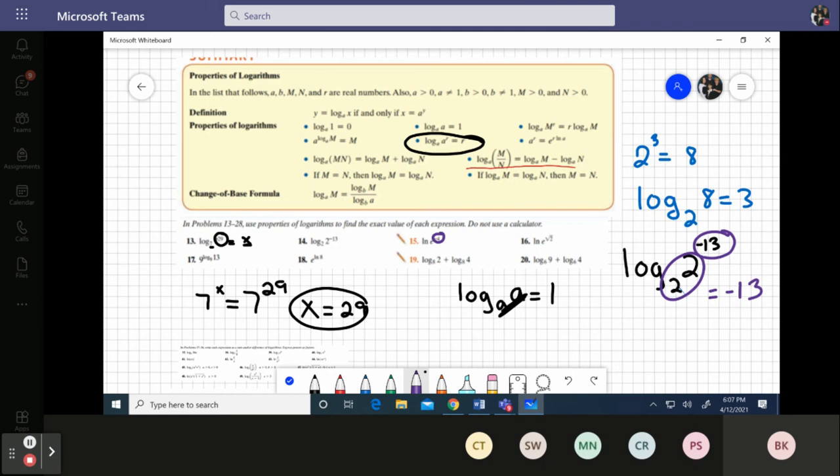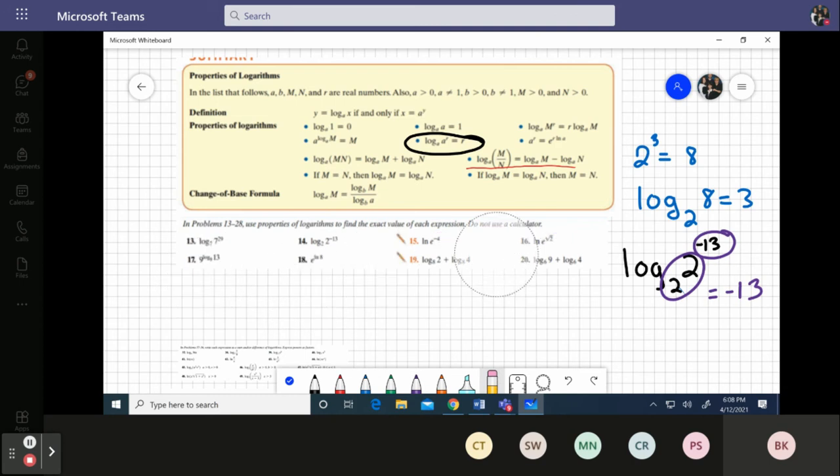15, the whole solution is negative 4. 16, the whole solution is the square root of 2. When you have these that are the same, and I guess I should have written that out. On 15, I have ln e to the negative 4.